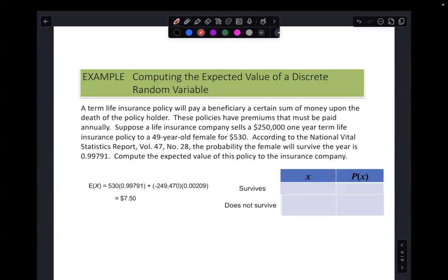These policies have premiums that are paid annually. Suppose a life insurance company sells $250,000 one-year term life insurance policies to a 49-year-old female for $530. According to the National Vital Statistics, the probability the female survives the year is this right here.